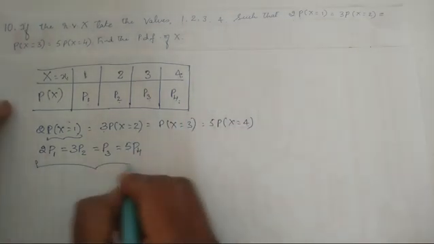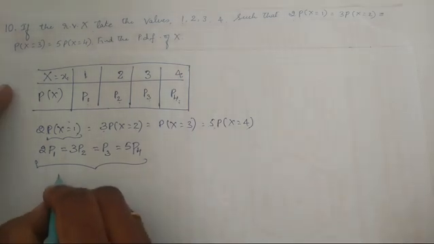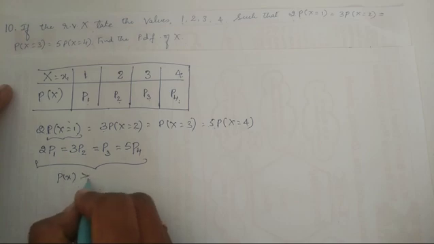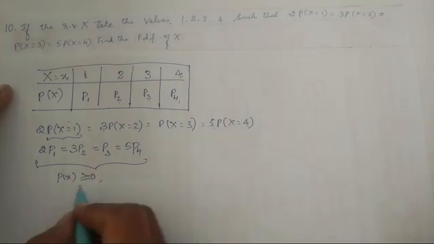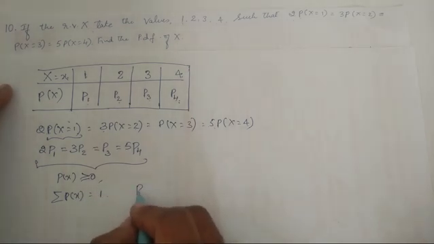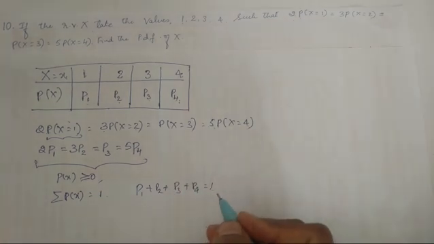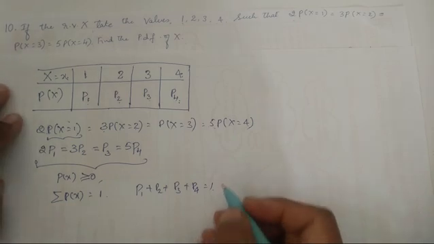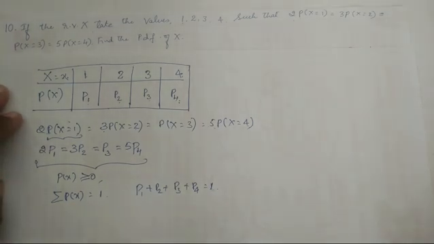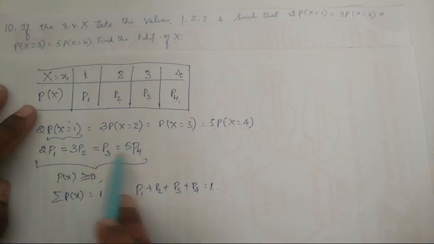This is the hint they have given, and according to the probability distribution, p of x must always be greater than or equal to 0, and the summation of all p of x must be equal to 1, that is P1 plus P2 plus P3 plus P4 must be equal to 1. Then convert everything into one variable.